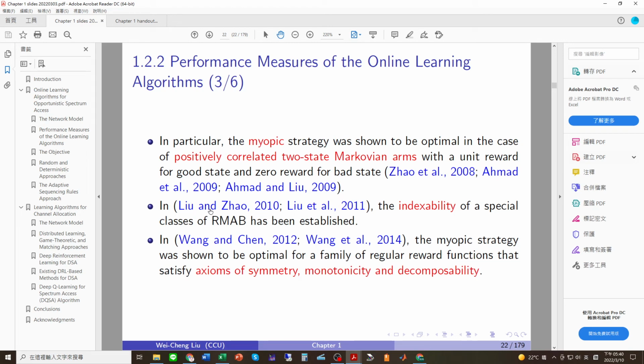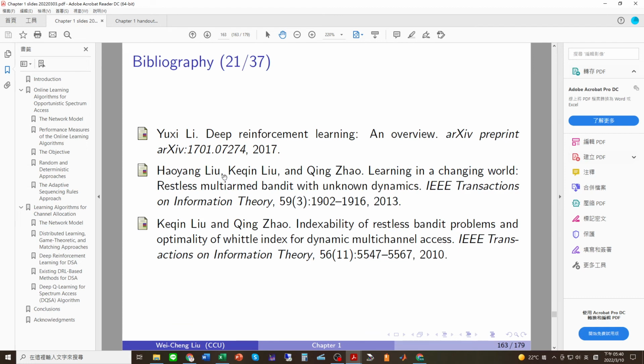Then Liu and Zhao, 2010, is also a paper published in IEEE Transactions on Information Theory.